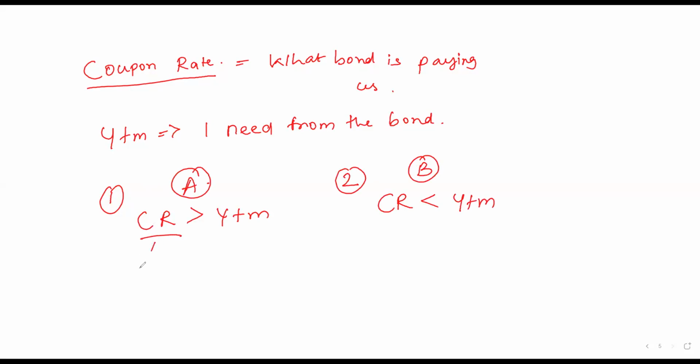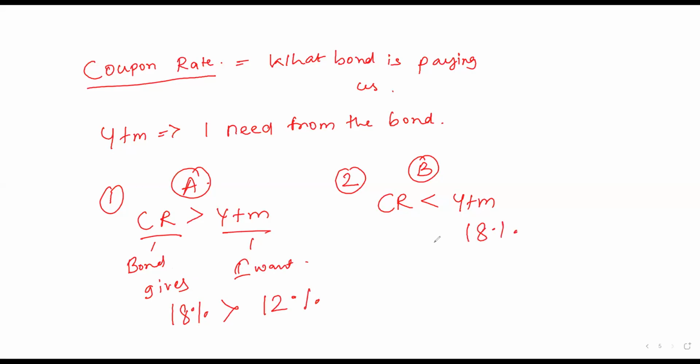Coupon rate is what the bond gives. YTM is what I want. I want 12%, and the bond is giving me 18%. Don't you think it is better? It is a better bond compared to: I want 18%, but the bond is giving me 12%.